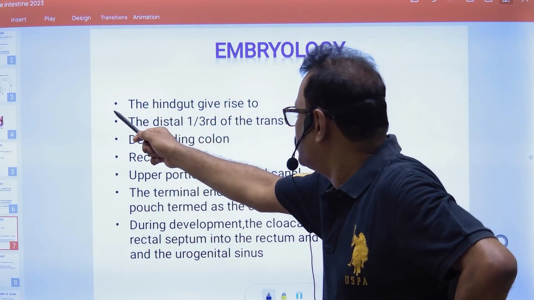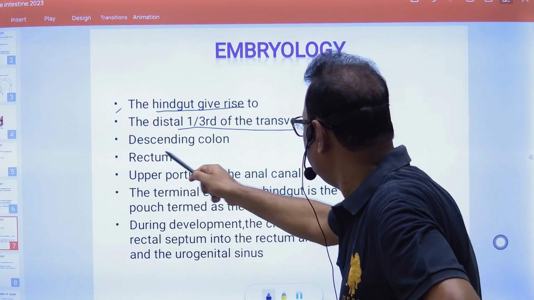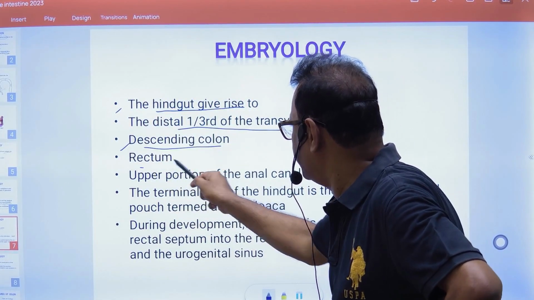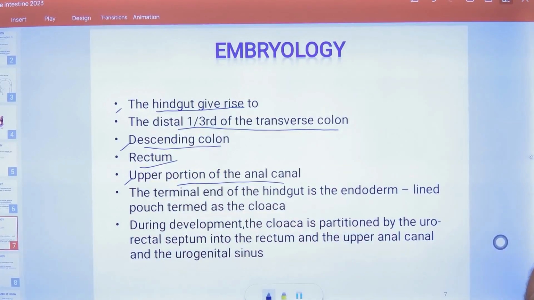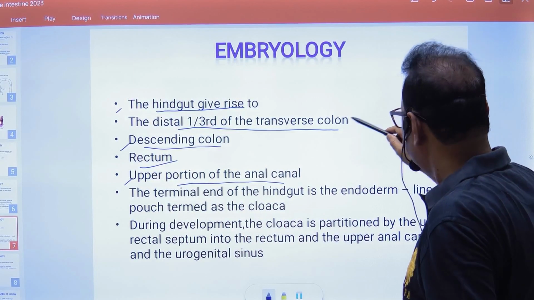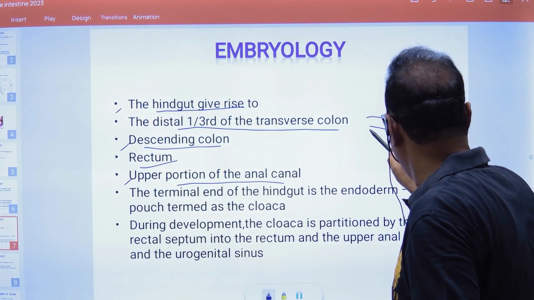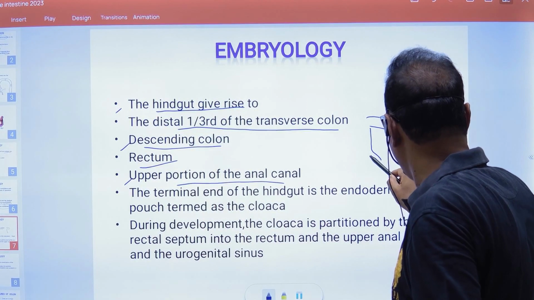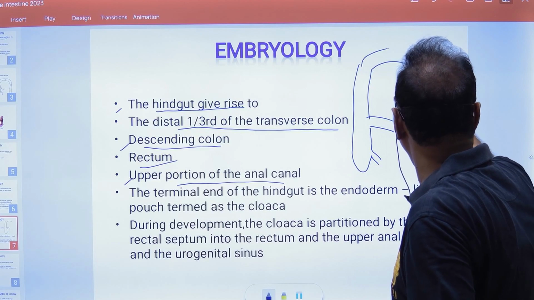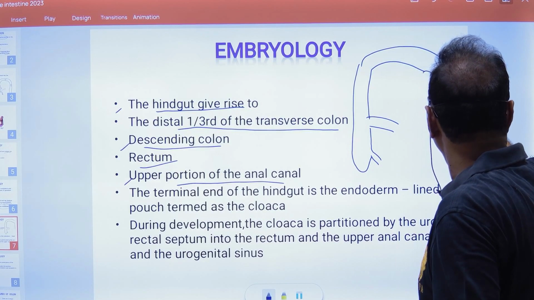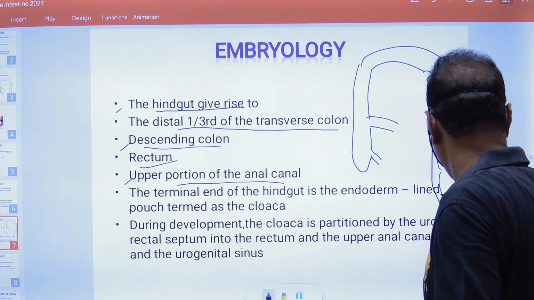Then what are the portions which develop from the hindgut? They are the distal 1/3 of the transverse colon, descending colon, rectum, and upper portion of the anal canal. Here we have the ileum, where the appendix, the sigmoid colon, then we have the rectum, and finally the anus.